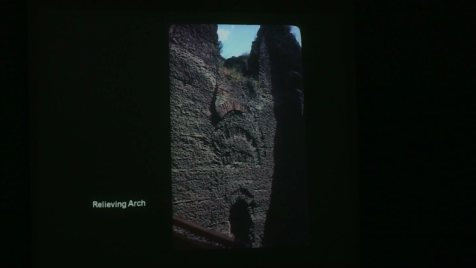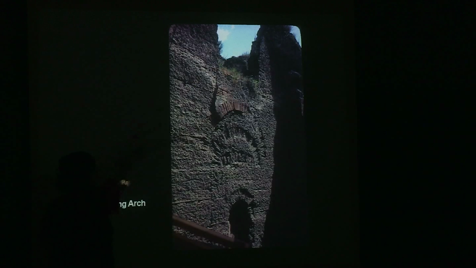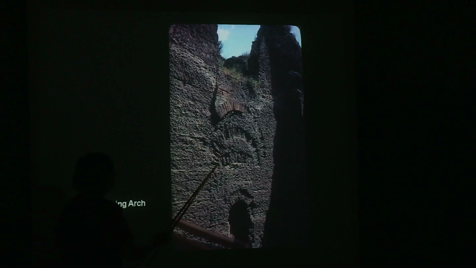In order to prevent this, the Romans used compartmentalized construction. They utilized the concrete in compartments. So they had a wooden centering, a wooden framework. But within that wooden framework, they utilized relieving arches like these.